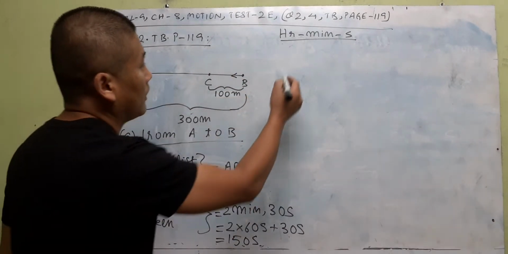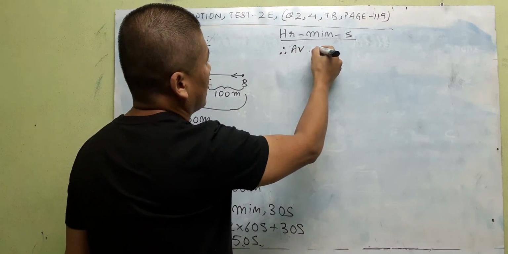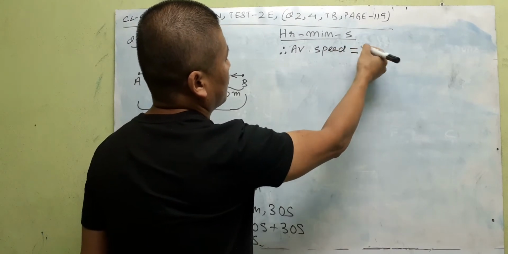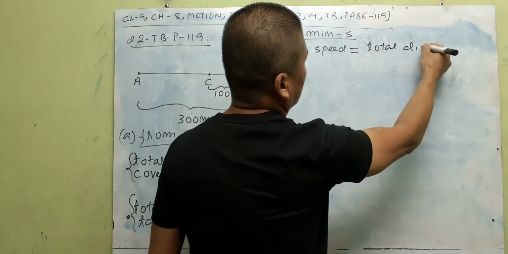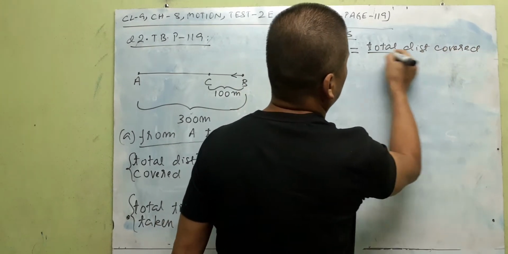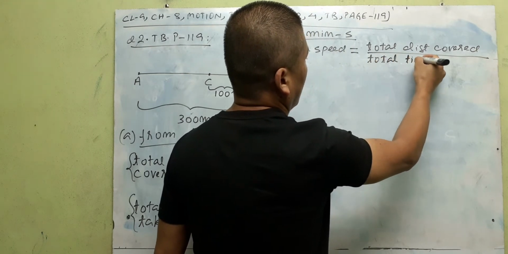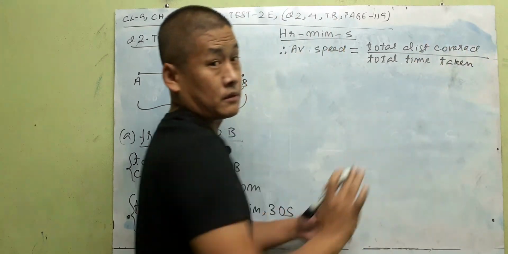Okay, so therefore we know from our previous classes that Joseph's average speed will be, when it is average, we always use total distance covered divided by total time taken by him to cover that same distance, right?